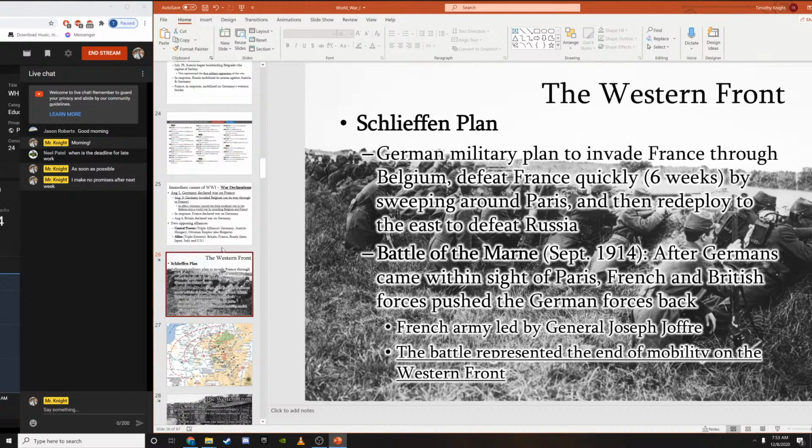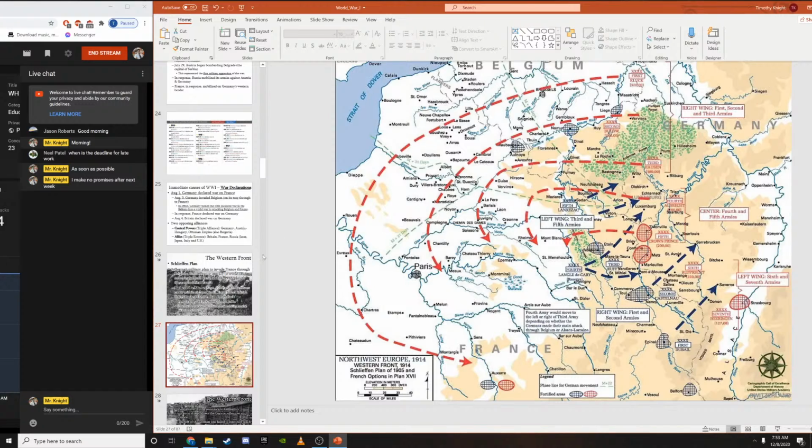All right? And so when we see this attack here, this is a very zoomed in image of France, Belgium, and Germany. Okay? So you can see the German forces trying to sweep through Belgium here to surround Paris.